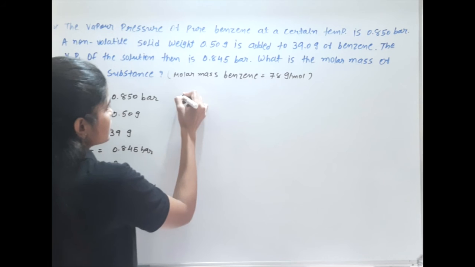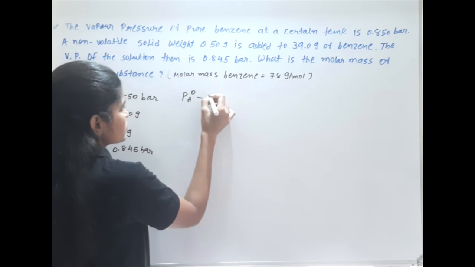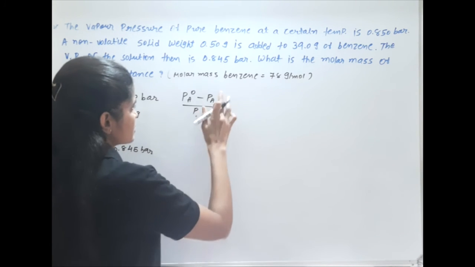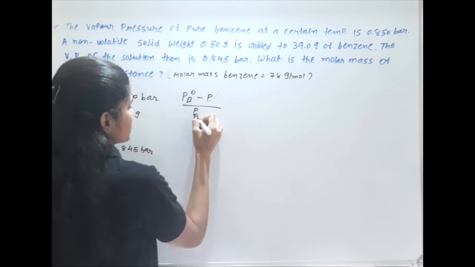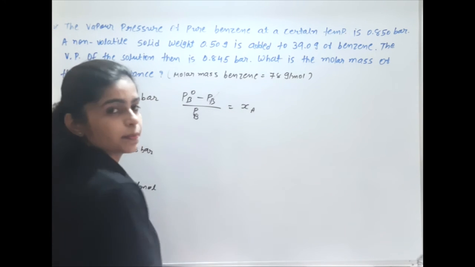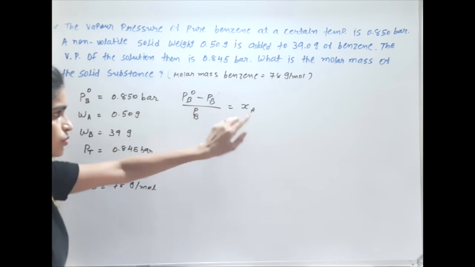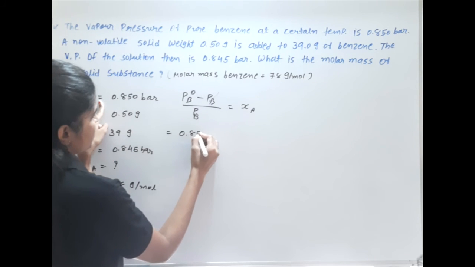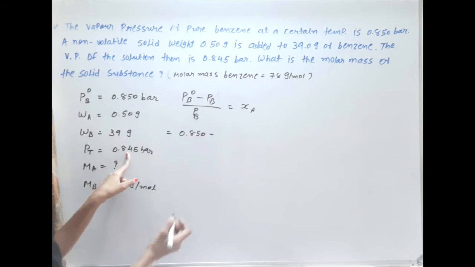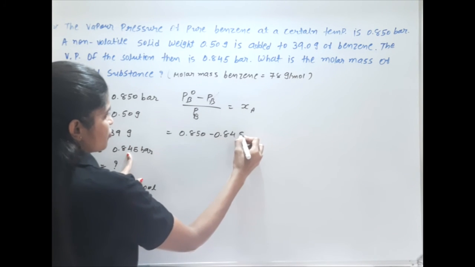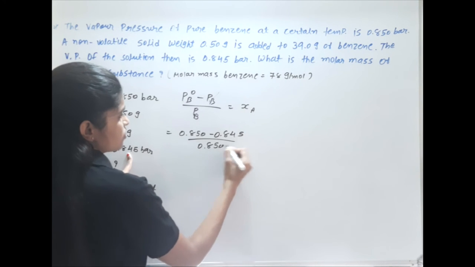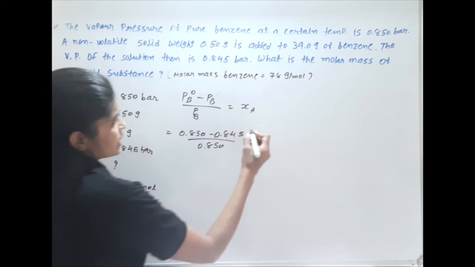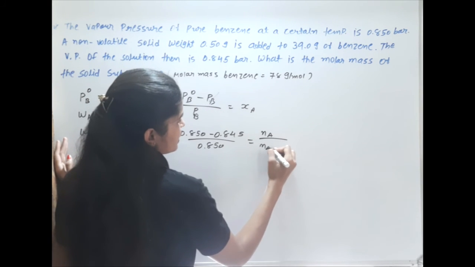First of all, the relative lowering in vapor pressure is equal to PB0 minus PB upon PB0, which is the mole fraction of the solute. So PB0 is 0.850 minus the solution pressure 0.845, divided by 0.850, is equal to XA, where XA is equal to NA upon NA plus NB.